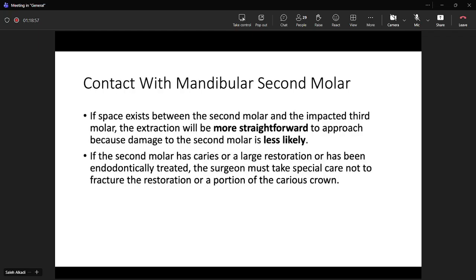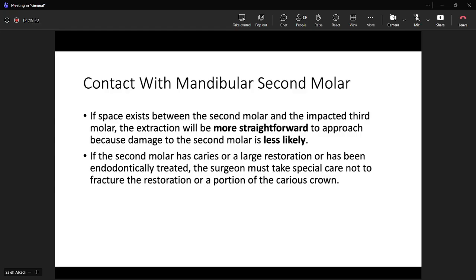Another very important thing to look at when you assess the difficulty of extracting wisdom teeth is the contact with the mandibular second molar. If there is enough space, good bone, between the second molar and the impacted third molar, this is a more straightforward extraction because you are less likely to damage this second molar.